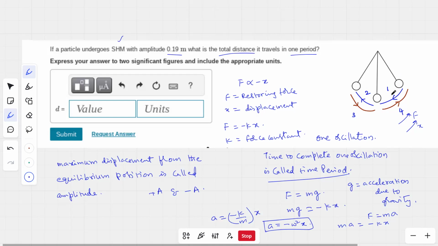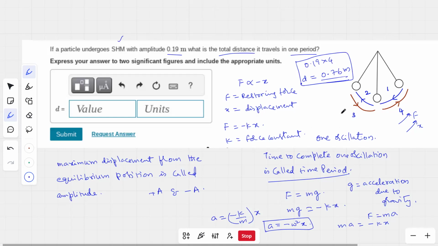From this extreme to the equilibrium position, this distance is 0.19 meters, and again 0.19 meters, and coming back 0.19 and going back 0.19. So total 0.19 times 4 is equal to 0.76 meters, the total distance traveled. So the d value is 0.76 meters, and that is the answer for this question.